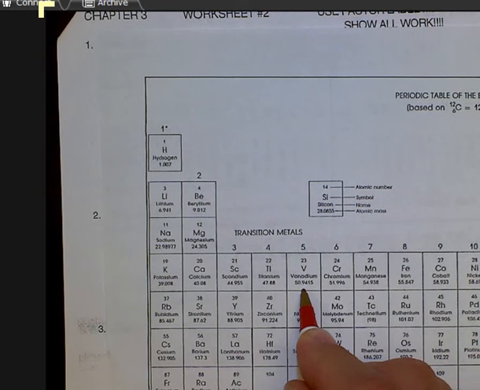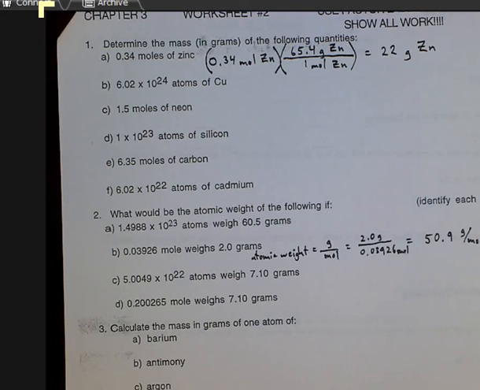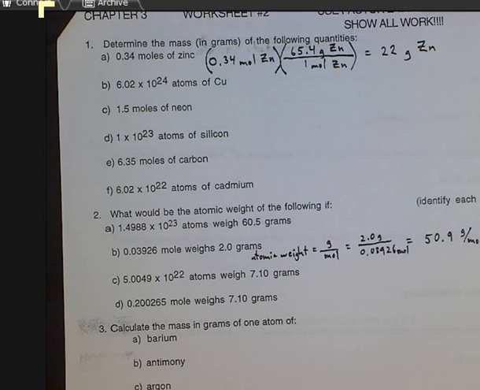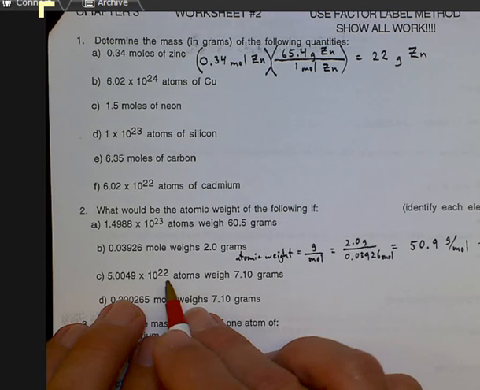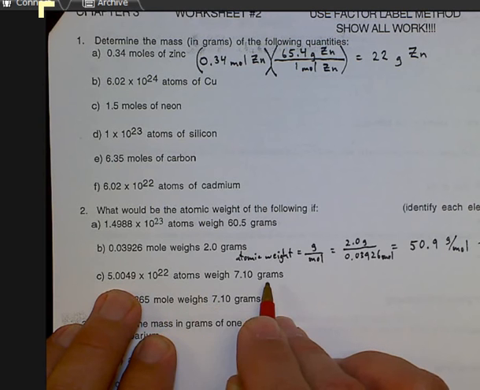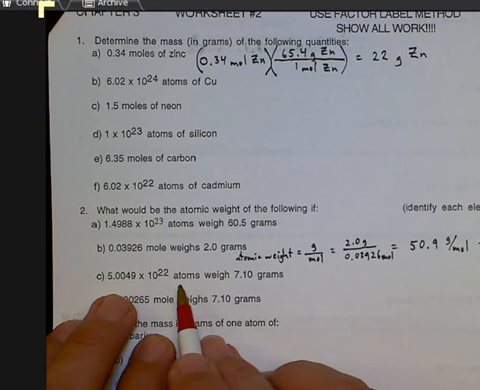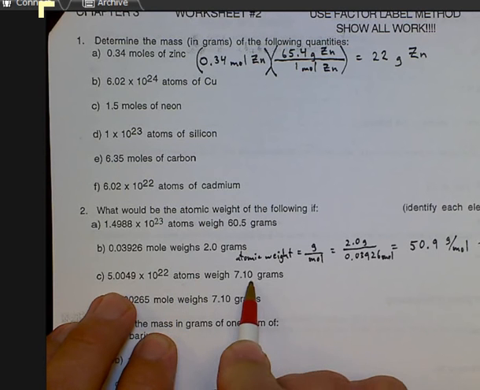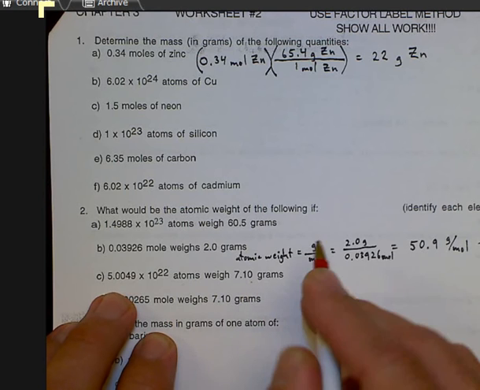So therefore, that is our unknown element, vanadium. Now if we look at 2c, you're given atoms and grams. Well, we don't have moles, but we can convert atoms to moles and then divide that into 7.10 grams to get our molar mass. So that's what we're going to do.